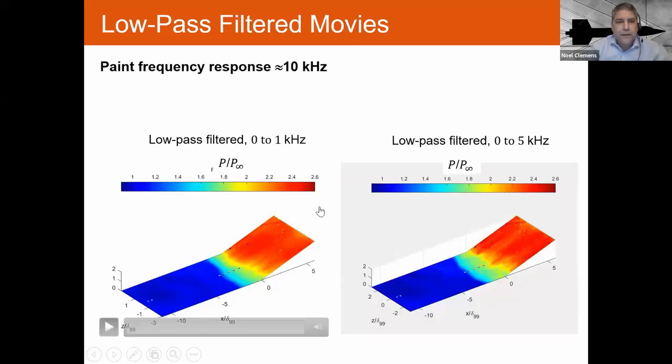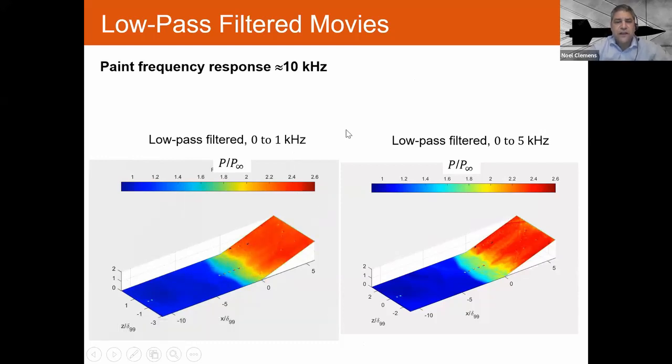Okay, these are some low pass filtered movies. This is 0 to 1 kilohertz. So this tells us what the flow looks like in that very low frequency band. Again, this is below the band of the superstructures, and there's actually still activity in the upstream boundary layer that we do not understand.